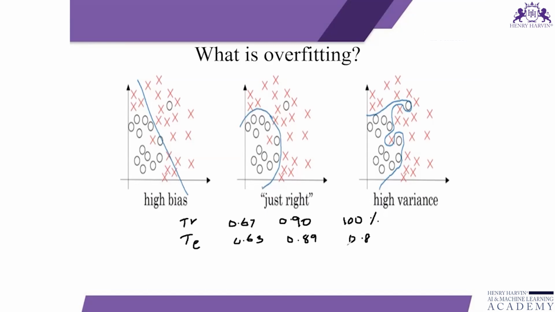Because it performs well on the training data set, but not as well on the testing data set. That is why we always ask people to make a generalized model. If you check the first case, it has high bias, the second case is right, and the third case has high variance, right?